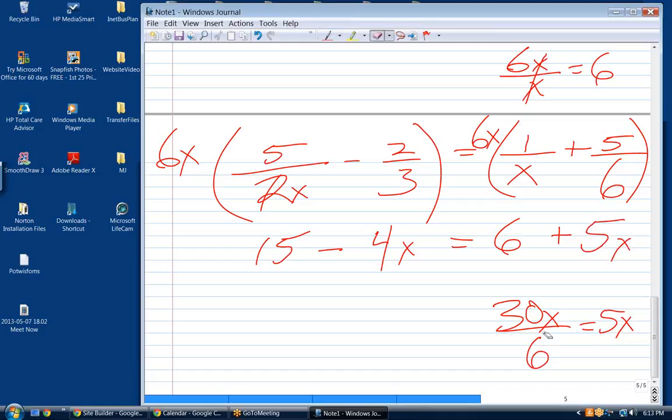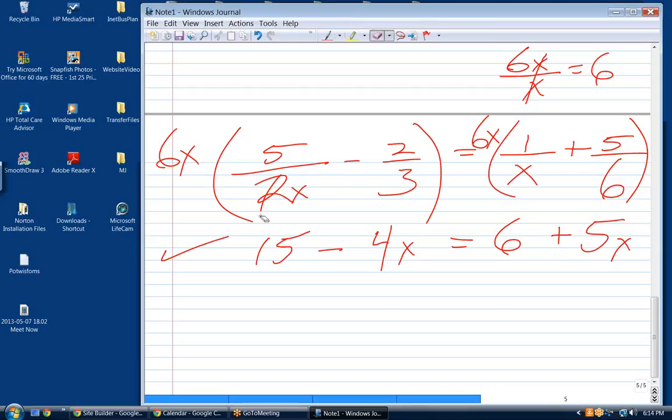And if I cancel first, I don't have to deal with numbers like 30. I don't have to know what 30 divided by 6 is, because I'm going to cancel that 6 with this 6. And all I have left is x times 5. All right, so now we have the equation in this format, which is by far easier to solve than what we started with.